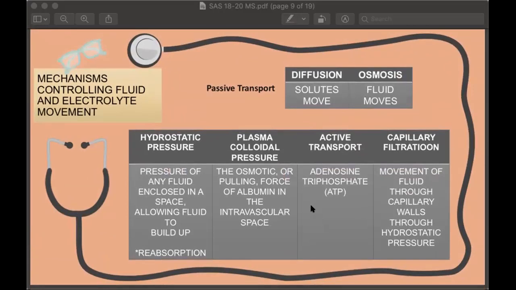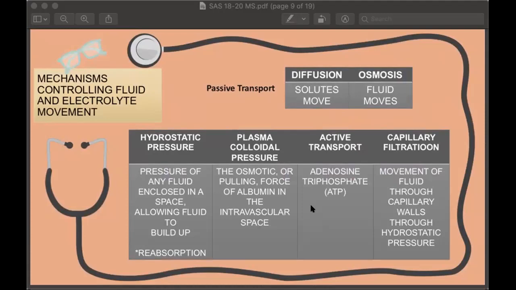Now, let's give emphasis to hydrostatic pressure, plasma colloidal pressure, and the active transport. You already know this one also, the capillary filtration. Hydrostatic pressure is the pressure of any fluid enclosed in a space.